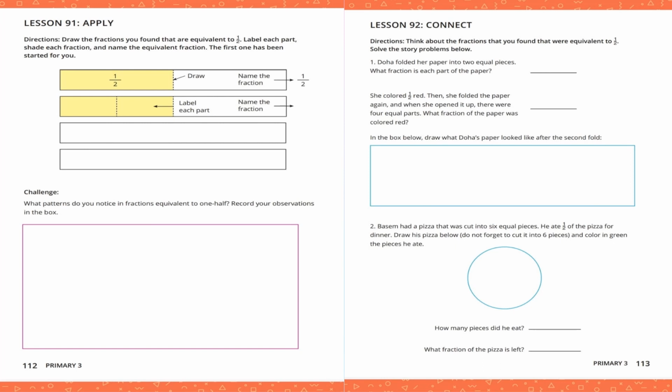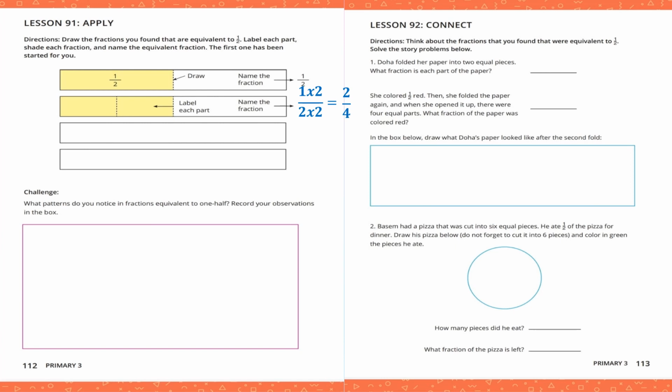Here I wanted to find the fractions that are equivalent to 1/2. So I can multiply the numerator and the denominator by 2. 1 times 2 equals 2. 2 times 2 equals 4. 2 over 4.